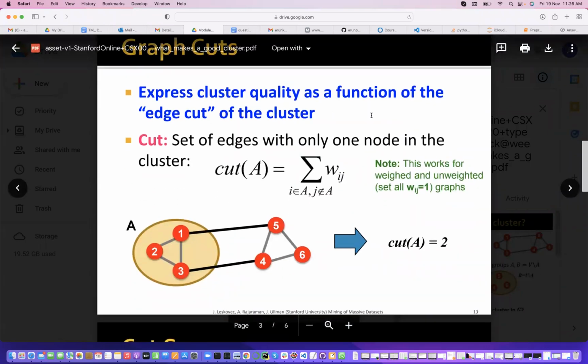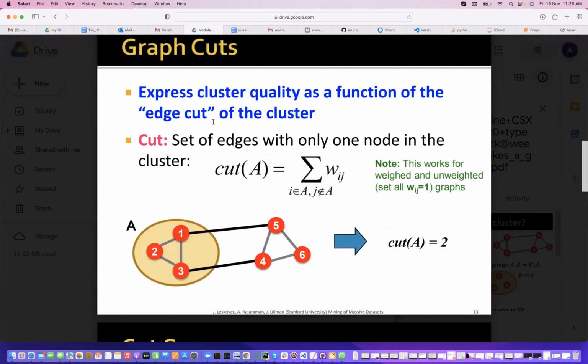Express cluster quality as a function of the edge cut of the cluster. So we'll see what is edge cut. You might have already seen the cut or bridge, something they call it, in spanning tree. What's minimum spanning tree?